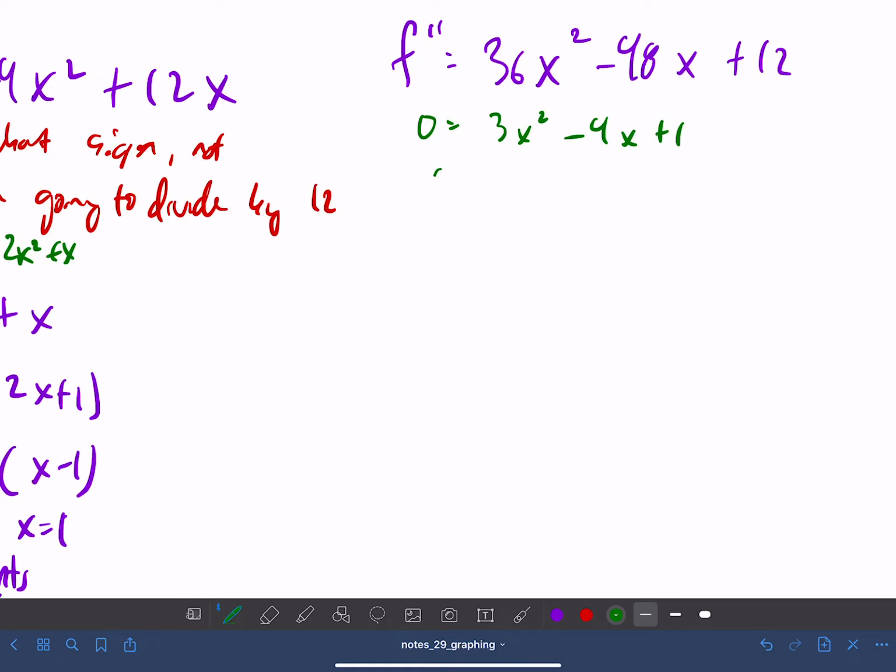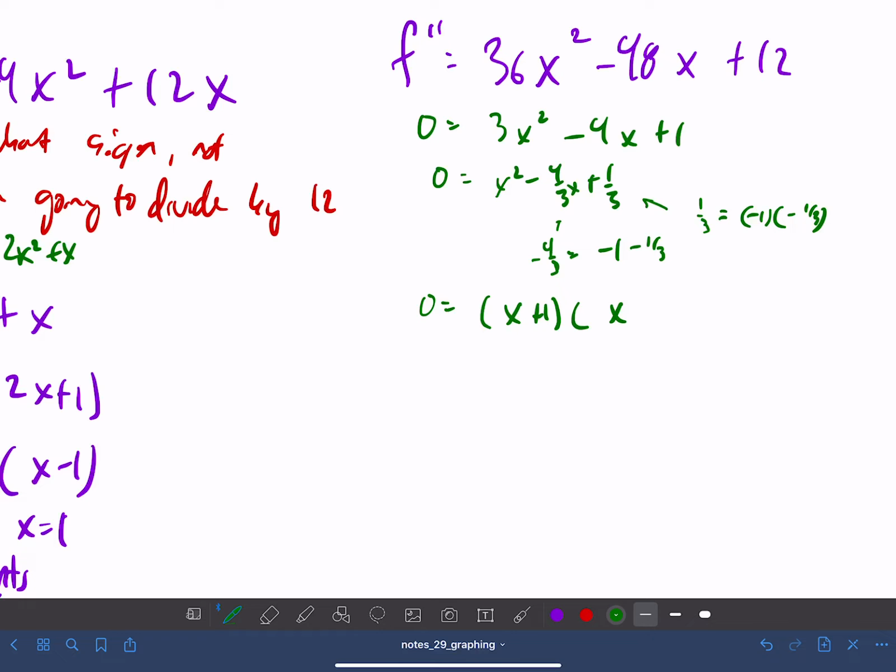Let's divide by 3. I think that a third equals minus 1 times minus a third, so that this factors as x plus 1 times x plus a third.